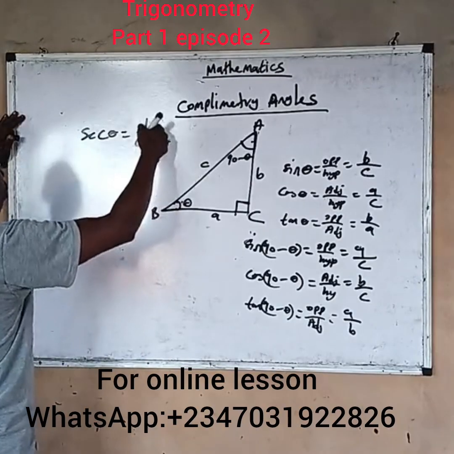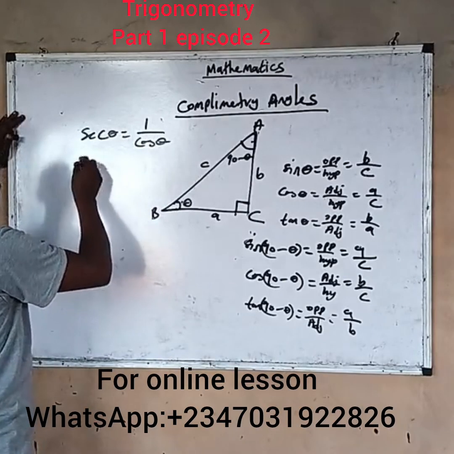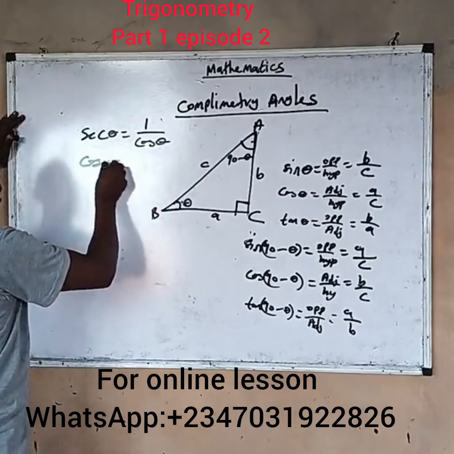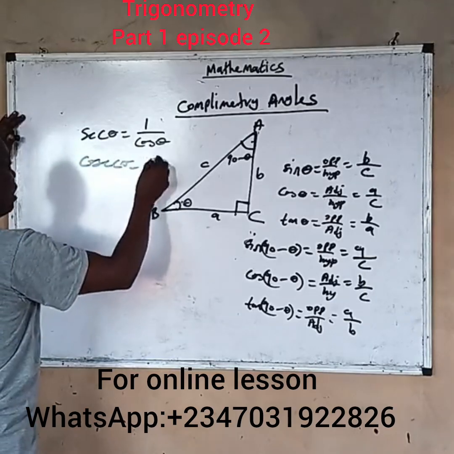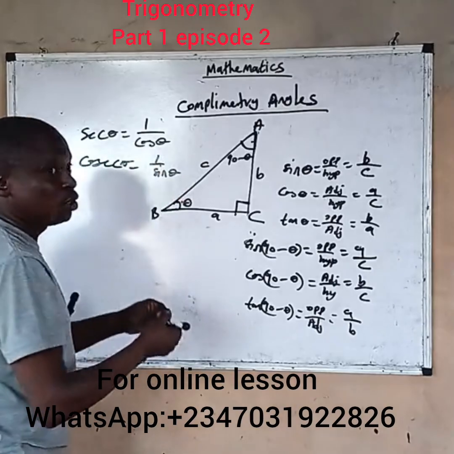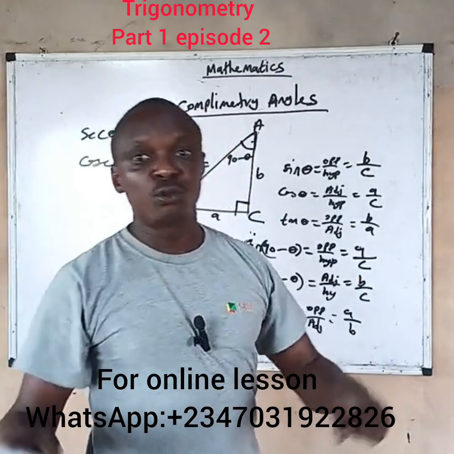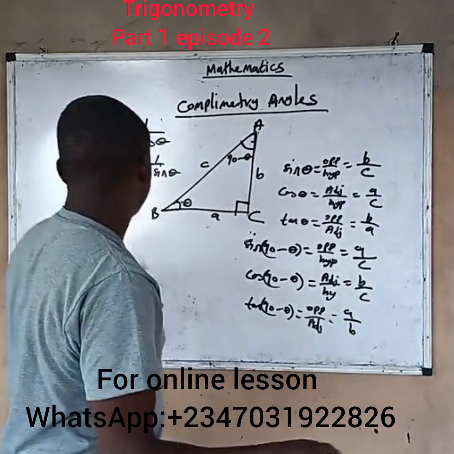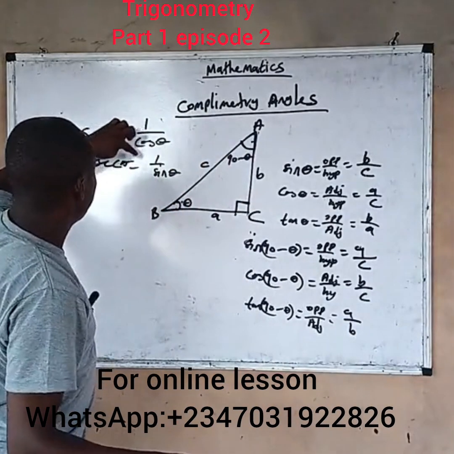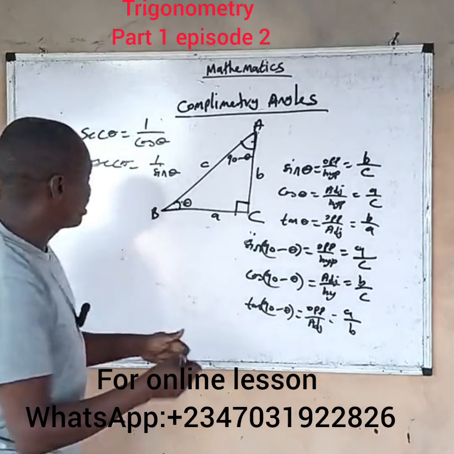So the reciprocal of cos theta will give us sec, which we call secant theta. Then cosec theta is 1 over sine. So the reciprocal of sine, reciprocal means 1 over. Reciprocal of 2 is 1 over 2. Reciprocal of 1 over 2 is 2. All right. Cosec theta, the reciprocal of sine, will give you cosecant theta.